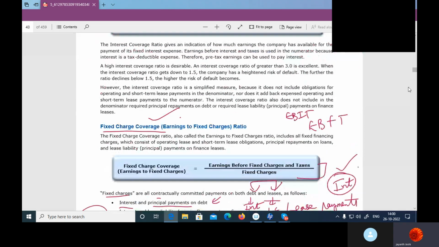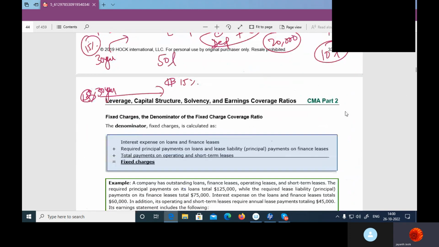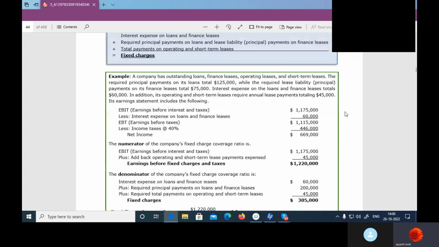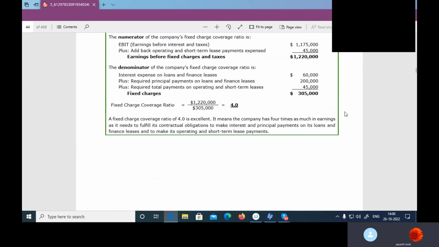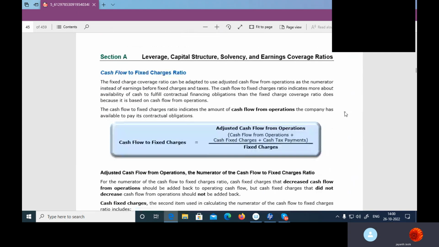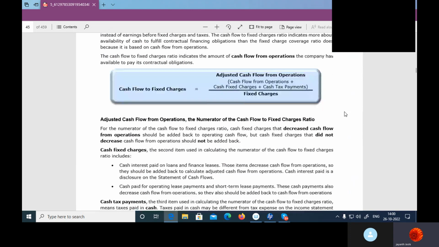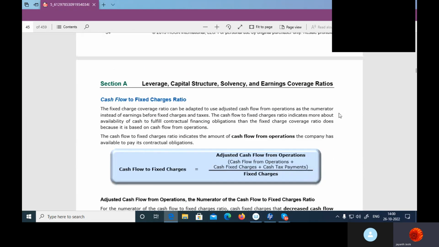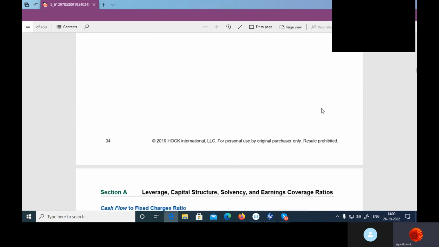50 lakhs divided by 7.003 is 71,397. So this much you are supposed to pay every year, divided by 12, so 59,498 monthly you have to pay.